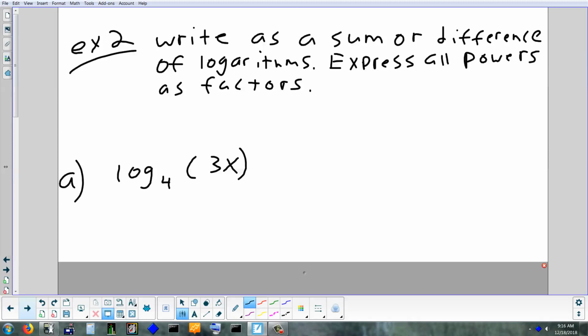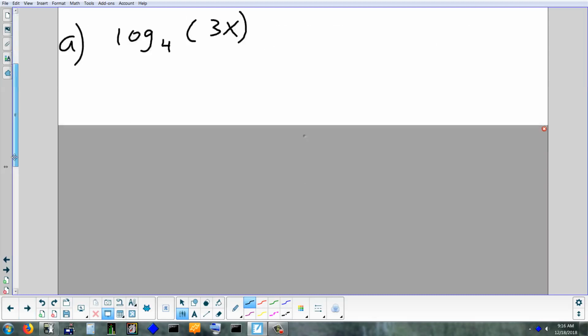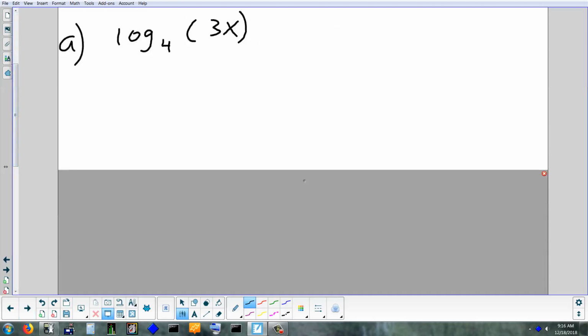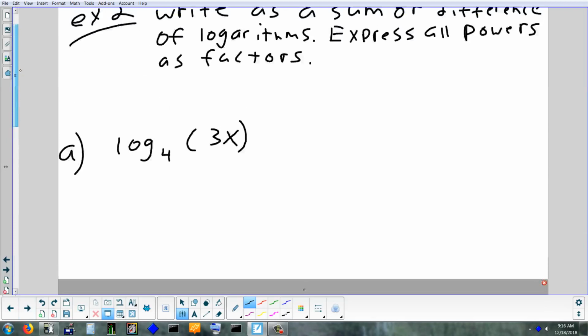Move them in front, because when you move it to the front, it changes to multiplication, and that means it's a factor. So don't leave exponents in the final answer. If the problem even has exponents, this one doesn't. The next one will. Okay, so let's look at that.